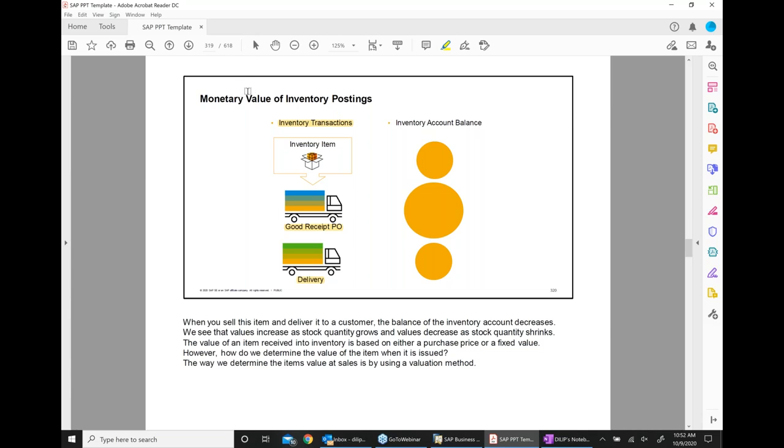So that is monetary value. Wherever you see a journal entry in all goods movements, that basically means there is a change in the value.